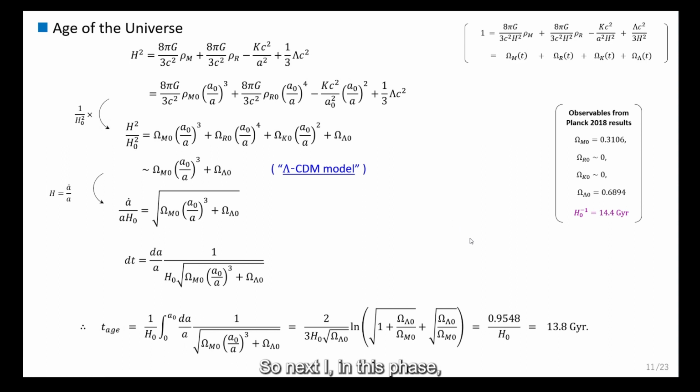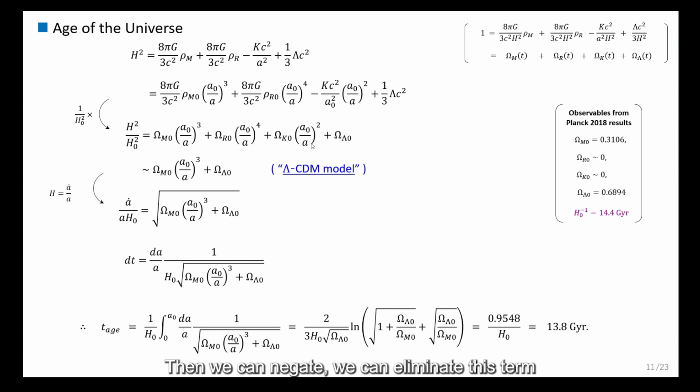So next, in this page, I calculate the age of the universe with the previous density parameters. So as I said, the component of the universe is almost given by the matter component and the vacuum energy.